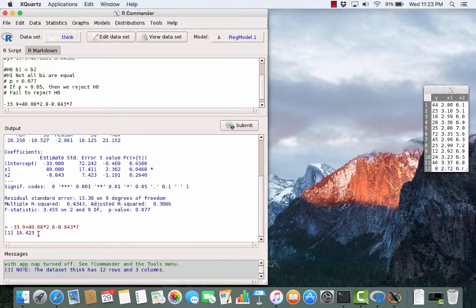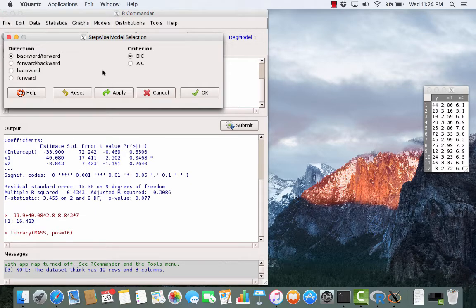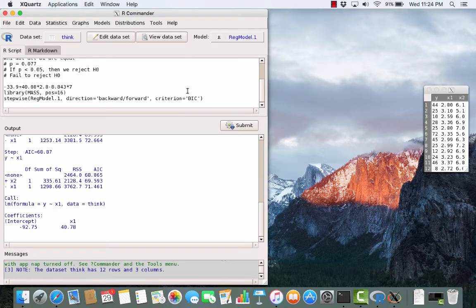And then for the stepwise procedure, you're going to go to Models and scroll down to where it says Stepwise Model Selection. Take the default of backward/forward and take the default of the criterion, the BIC criterion, and click OK, and just let it run and see if it comes up with a better model. You'll see it does come up with a better model.